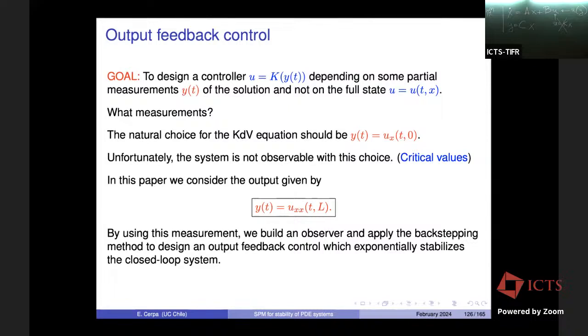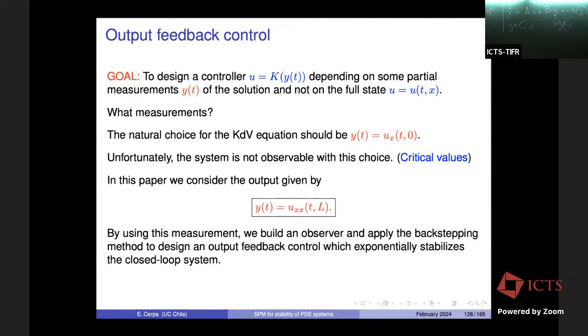In order to do that, you are not able to do it with a static feedback, but you have to do it with a dynamic feedback depending on an observer, which is mimicking the original dynamic of your system.